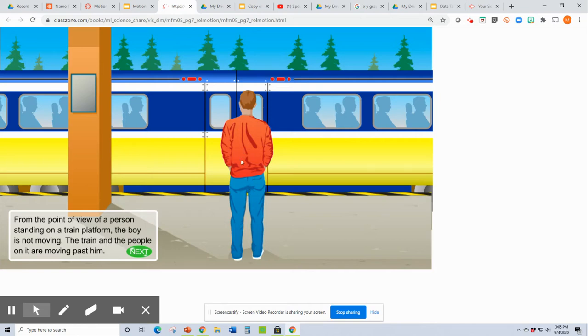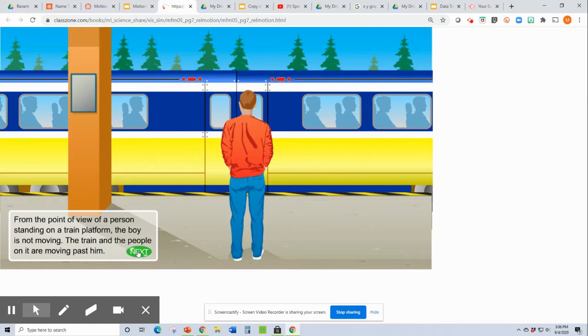So I would say this person is not moving. I would say the young lady that just went by on the train in front of me is moving because the distance between me and that young lady changed. So from this perspective, this person's not moving because the distance between me and that person didn't change. But the train and the people on the train are moving.